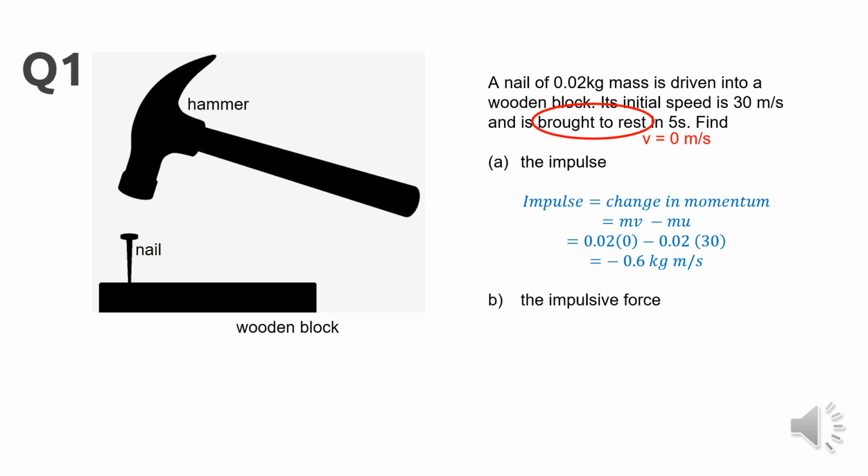Next, how to find the impulsive force? By using the formula of impulse divided by t, we put the values into the formula, where t is 5 seconds, and then we will get the impulsive force is negative 0.12 Newton.